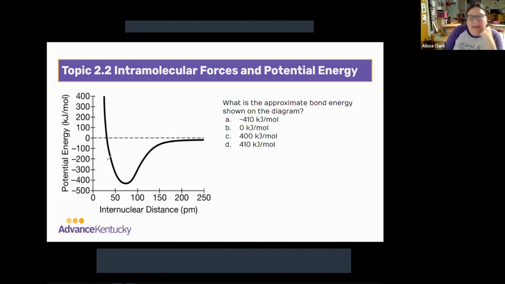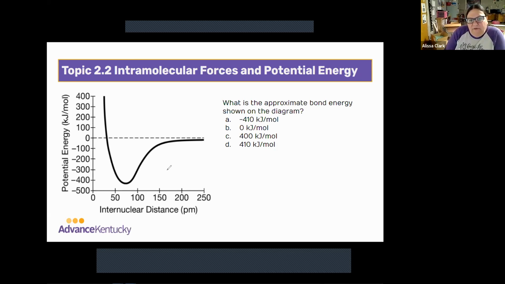So this graph is somewhat odd compared to other graphs in that it is often read from right to left. So we have the potential energy of a system based on how far apart the two nuclei are. So we have two atoms and they're changing distance apart from one another.